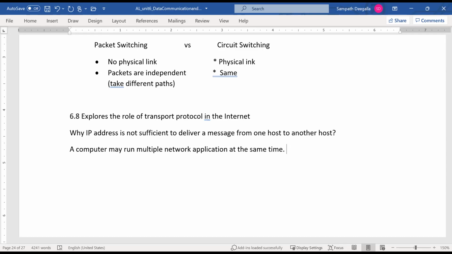That means when you send information to another, we need to know where you are going to deliver this. So this is very, very important. So when you have network applications, we have multiple applications. Now, when you have multiple applications, we have to recognize them.